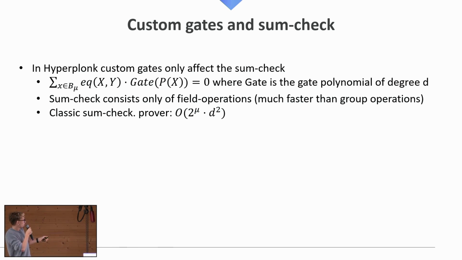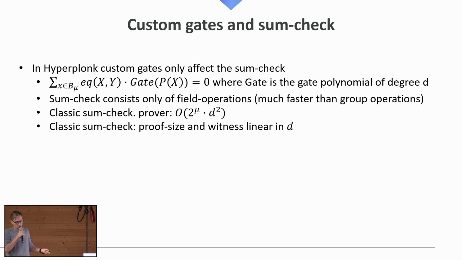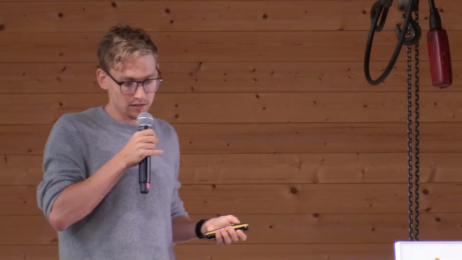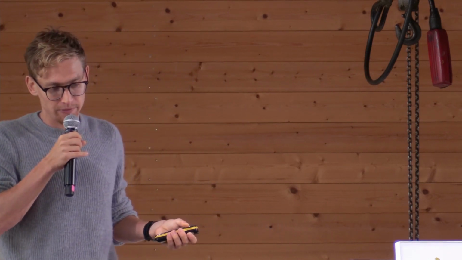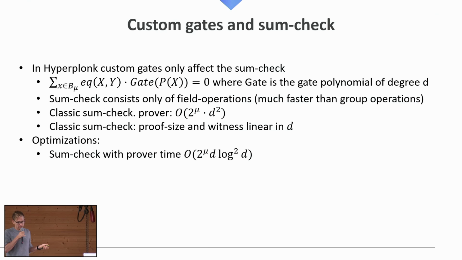And this is really interesting because group operations are about 1,000 times more expensive than field operations. Unfortunately, though, the dependence in classic sum check in the degree of the custom gate is basically quadratic. So you still can't go too far if you do that. And additionally, the proof size and the verifier time also increase linearly in D. And what we do is we do a couple optimizations around that. So for example, we build a sum check where the prover time is not D squared anymore, but it's D log squared D, which is smaller than D squared.